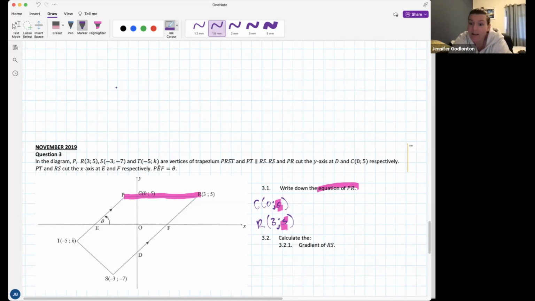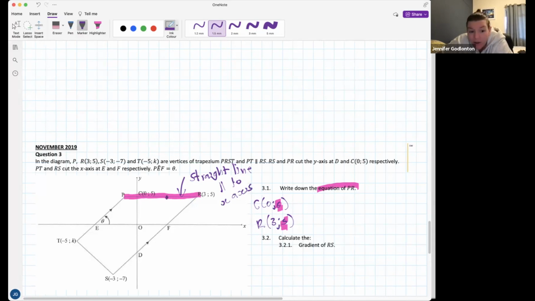Yeah, your y values are the same as each other. Your y values are both 5. Because your y values are the same, this line over here is a straight line that is parallel to the x-axis.